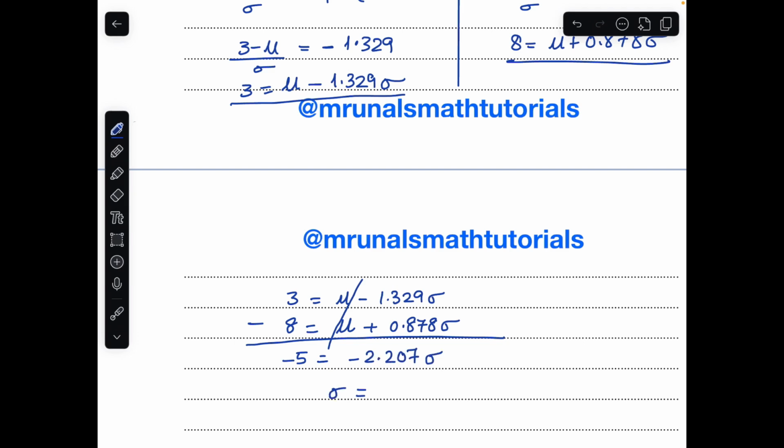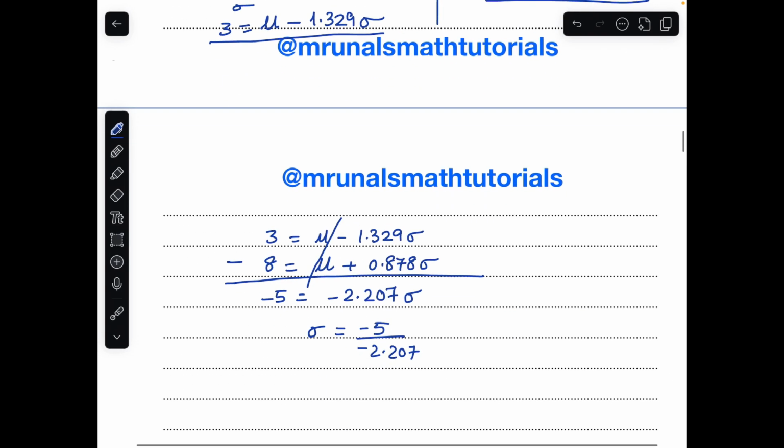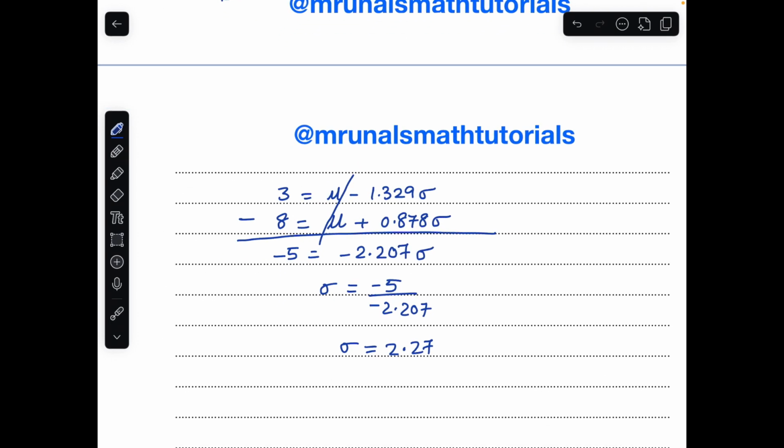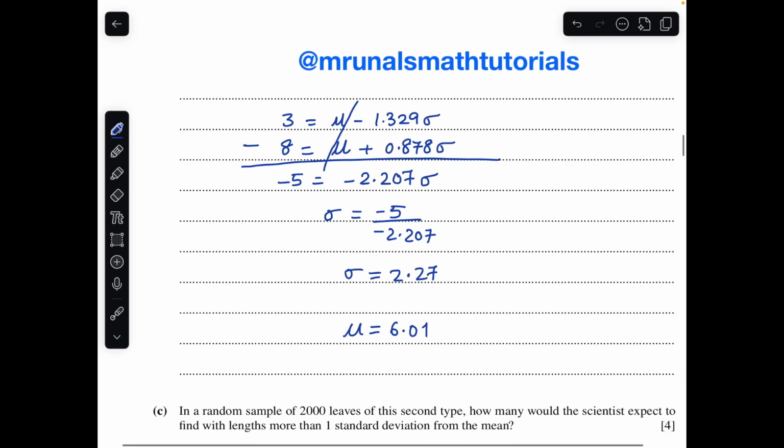So sigma is going to be negative 5 divided by negative 2.207, which is equal to 2.27. Substitute this value in any one equation, either in this one or in this one, to calculate the mean. The mean is 6.01. All right, that was part B.